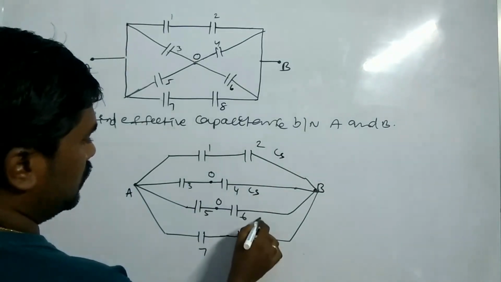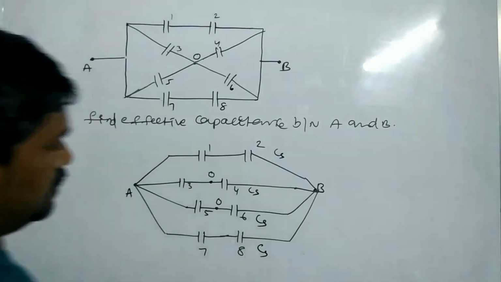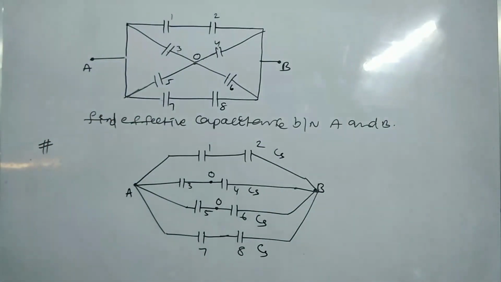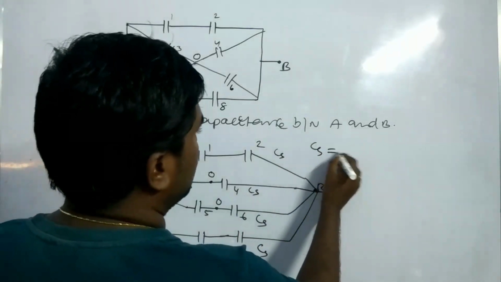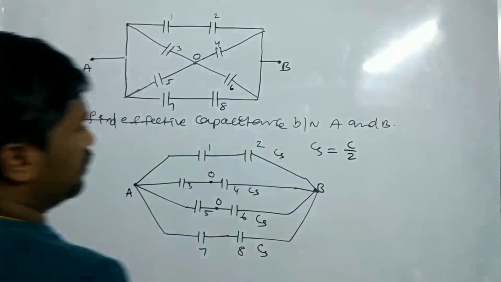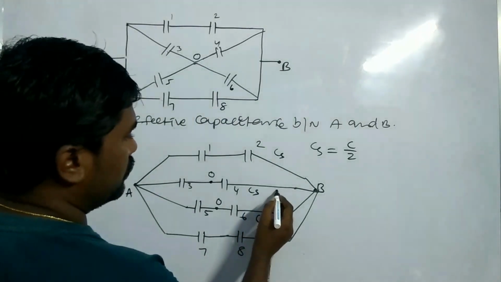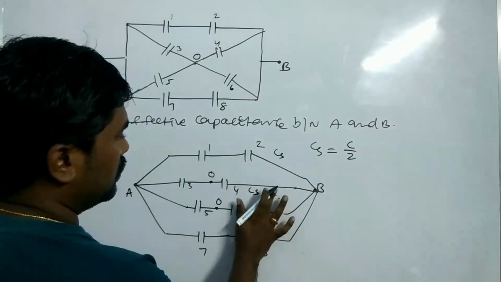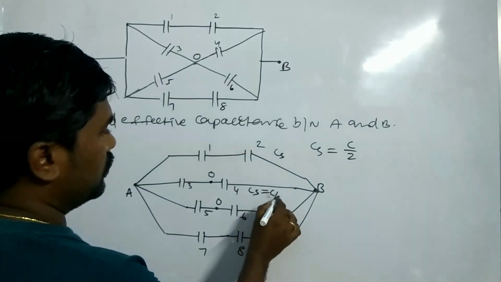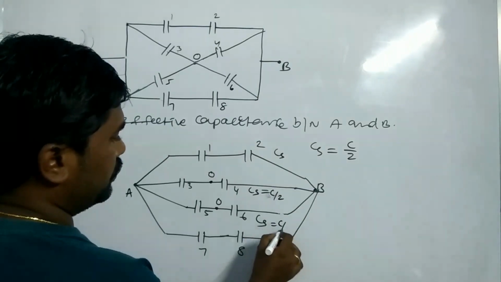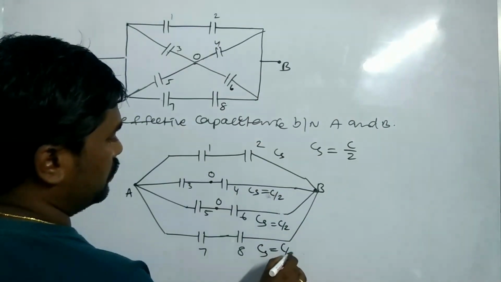So four pairs are in series, and the series combination CS is equal to C by 2: 1 by C plus 1 by C, it is equal to C by 2. Here also C by 2, right? Here also it is equal to C by 2.